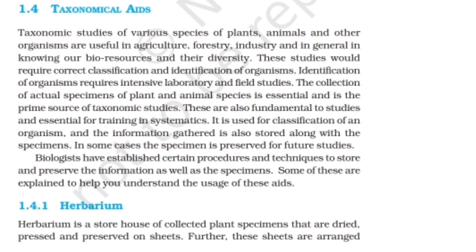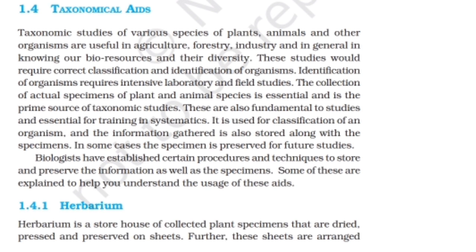Identification of organisms requires intensive laboratory and field studies. The collection of actual specimens of plants and animal species is essential and is a prime source of taxonomic studies. These are also fundamental to studies and essential for training in systematics.